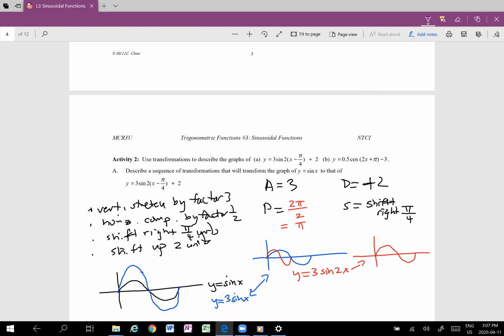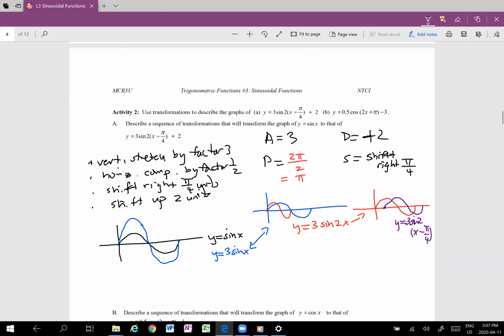So that was pi. That's going to be there. And this is the y equals 3 sine 2x minus pi over 4. My apologies for my handwriting. And then we're back down here. So that's the graph there.